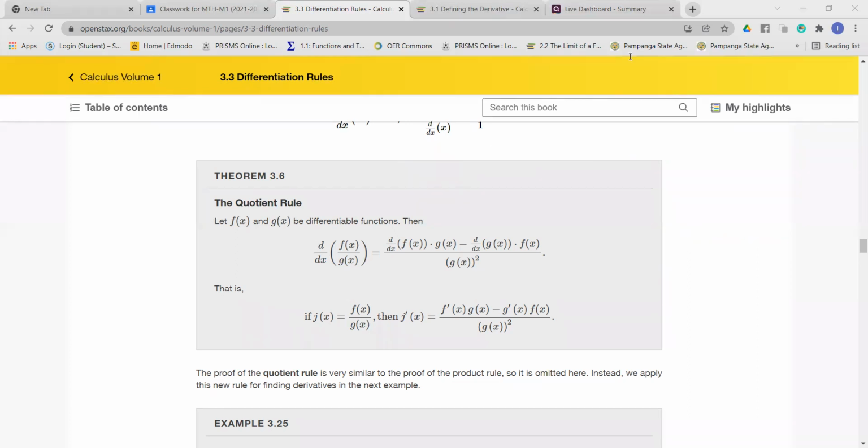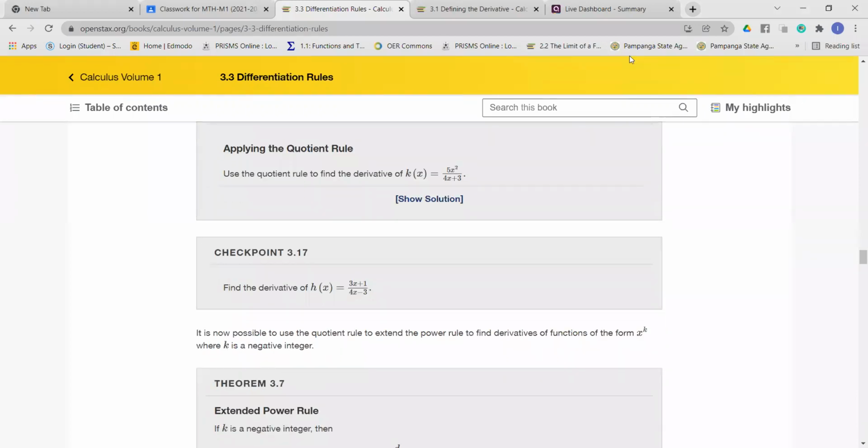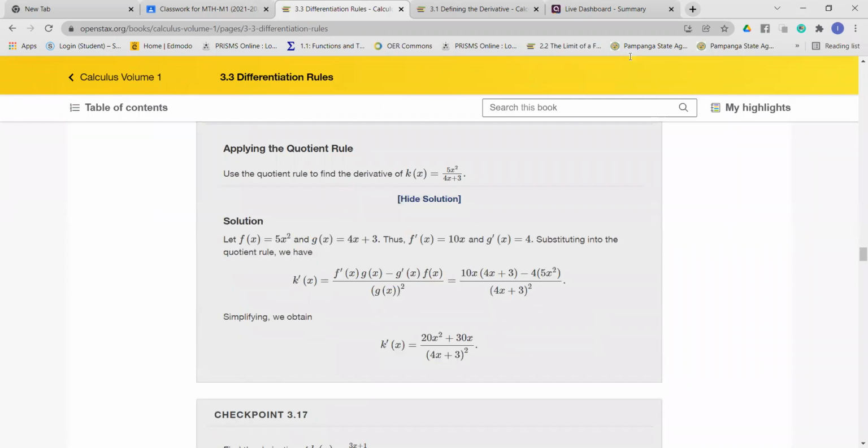So you can see the derivative: you square your denominator, then the numerator is the derivative of the numerator times the denominator, minus the derivative of the denominator times the numerator. If no simplification is asked, you are done. If you need to simplify it, then this will be the answer. If you're only asked to find the derivative, then you're already done here.